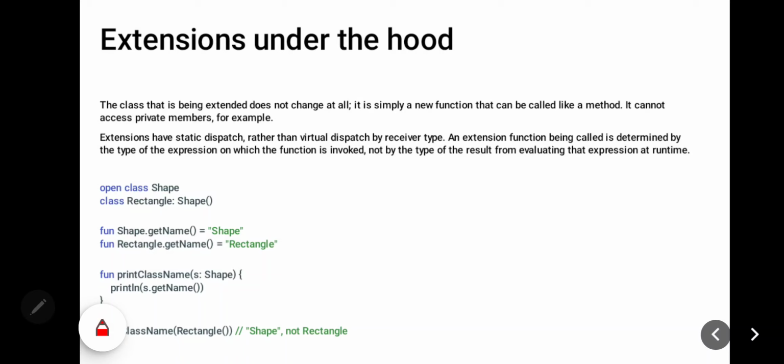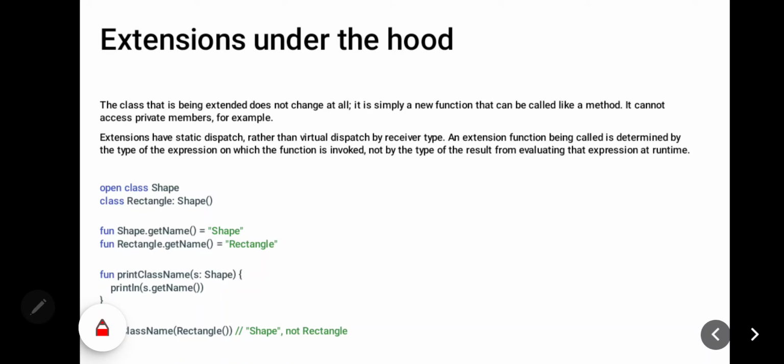Before, in polymorphism, you can override the code, but in an extension, you cannot override your code.